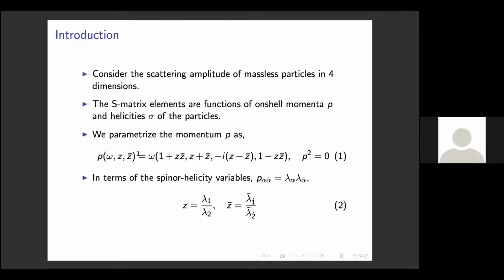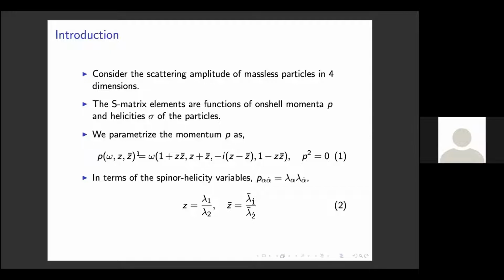In that case, the asymptotic elements are functions of this on-shell momentum P and helicities sigma of the particles.